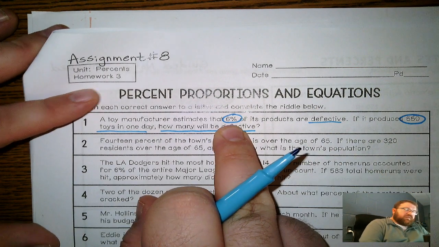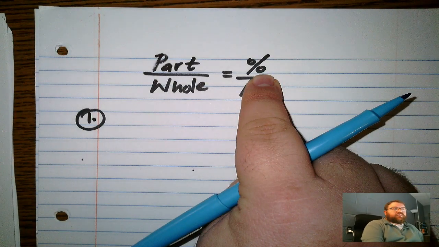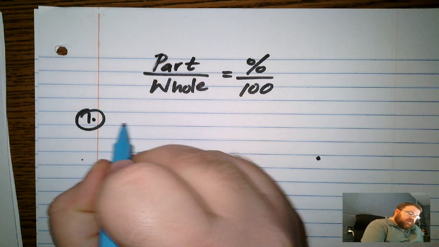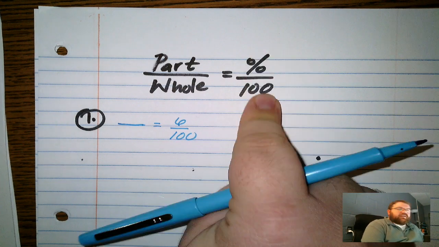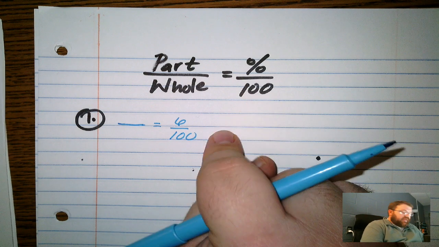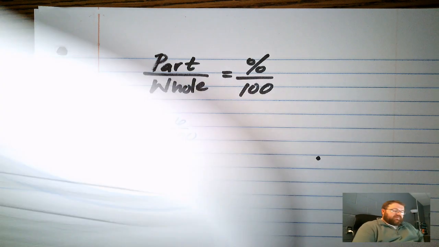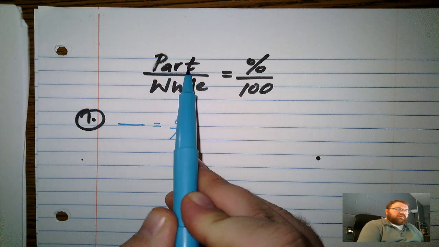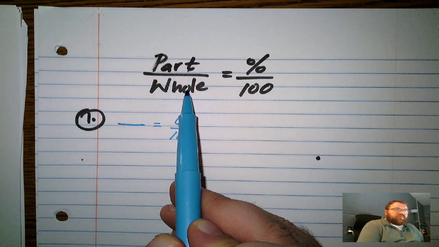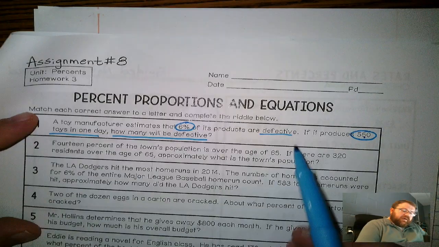So 6%. Well, 6% has a percent with it, so I'm going to put it where the percent is. Okay, so let's do that. I got the 6. The 100 is a constant. This will always be in the same place. The next thing that I've got is 550. Is 550 part of the toys or all of the toys that they produced in a day?